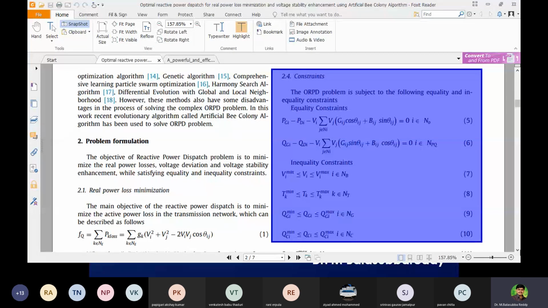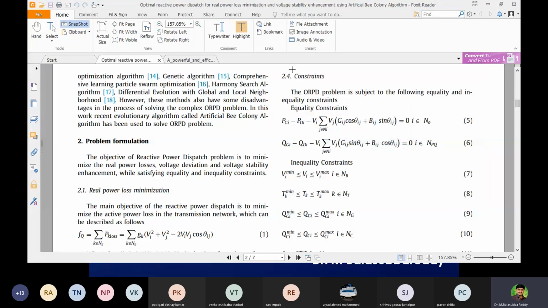Like that, in this power system also, there are a lot of constraints. So what are these constraints? You can see the equality constraint as well as the inequality constraint. What is an equality constraint? It is something I should meet exactly.